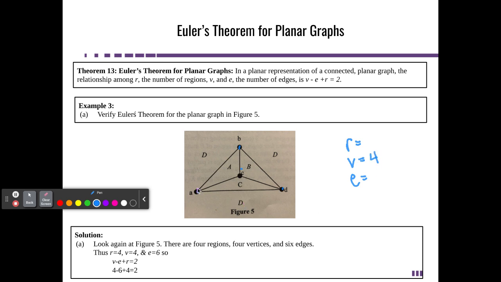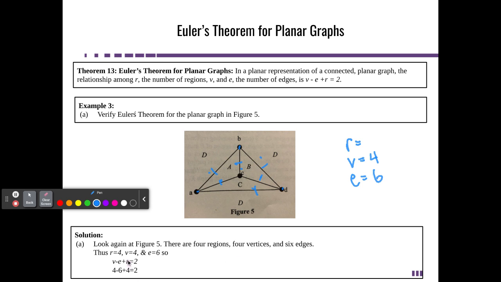There are 1, 2, 3, 4, 5 edges. And I'm looking down here, it says 6. What am I miscounting? Oh, right there. So 1, 2, 3, 4, 5, 6. Sorry about that. So we have 6 edges.